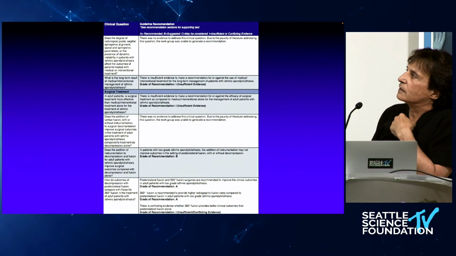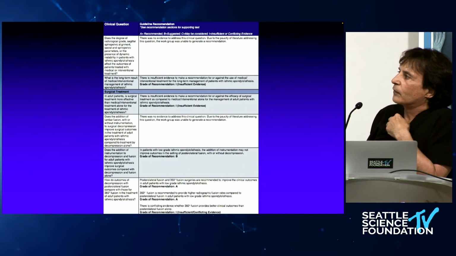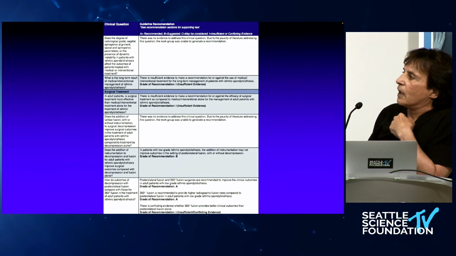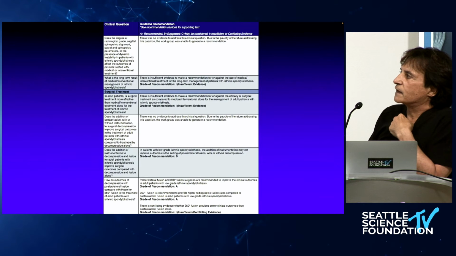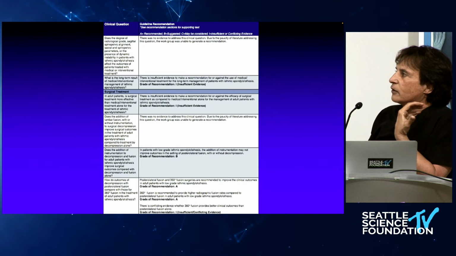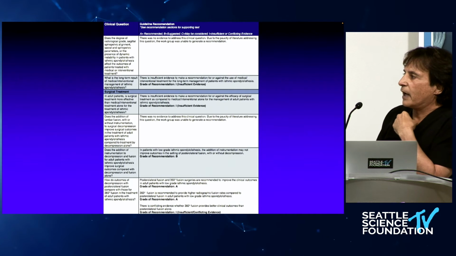There's inconsistent evidence to support that. Does the addition of a lumbar fusion, with or without instrumentation, in addition to surgical decompression, improve surgical outcomes? There is no evidence to address this clinical question, and therefore a paucity of literature addressing this question. Here's the most important question, and yet we don't have the evidence to support it.